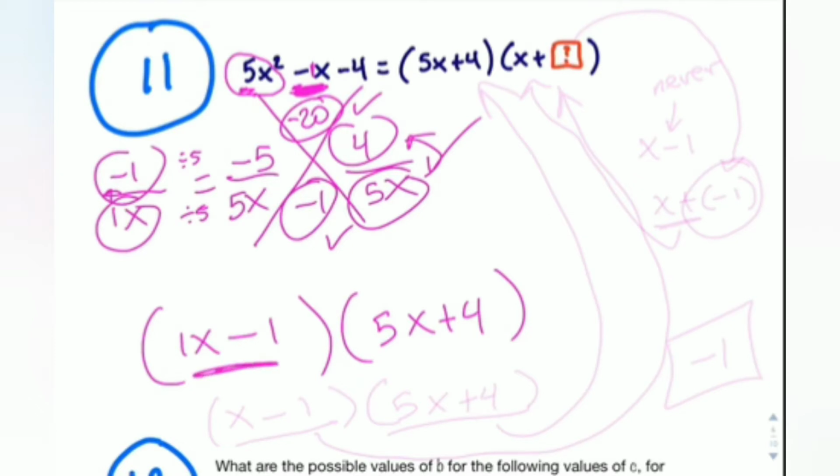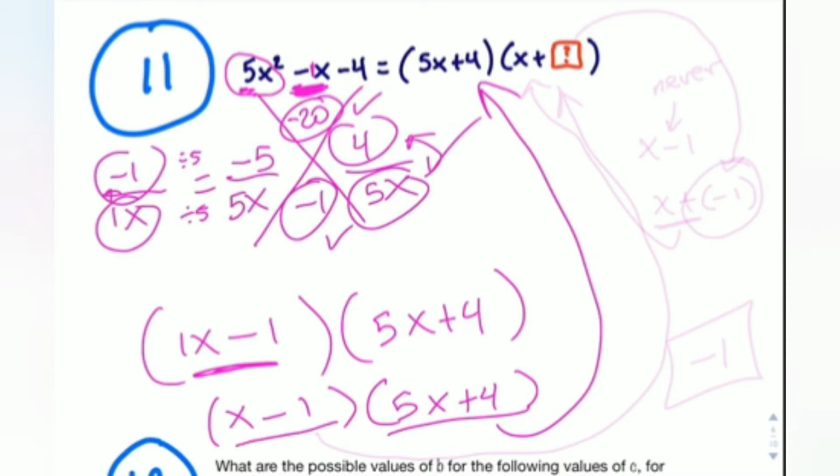This side is not simplified because 1x is x, so we must make it cleaner. So 1x is just x minus 1, and 5x plus 4. x minus 1 is not the same thing as x plus something.